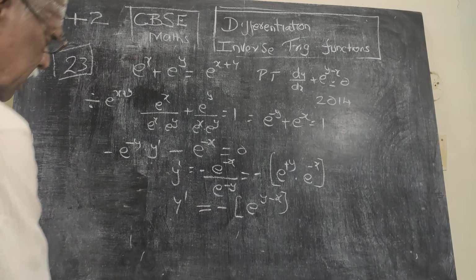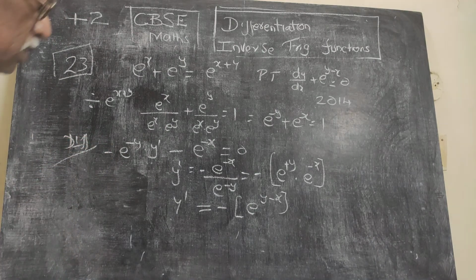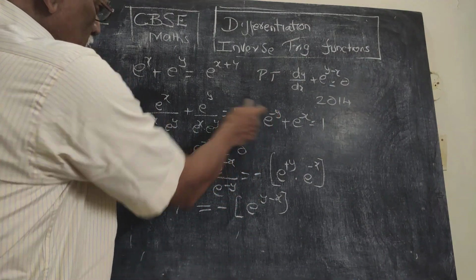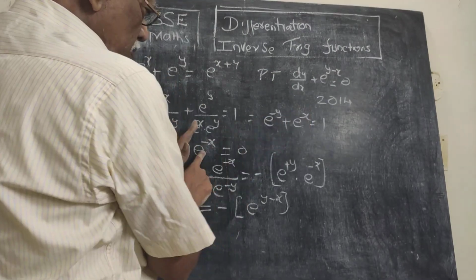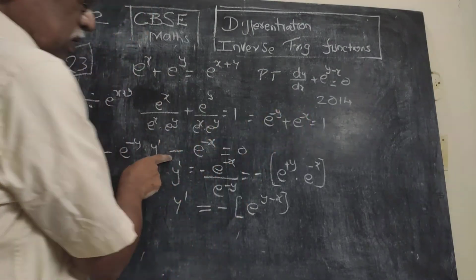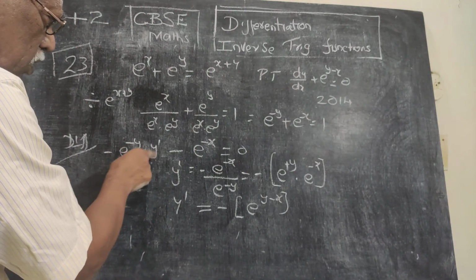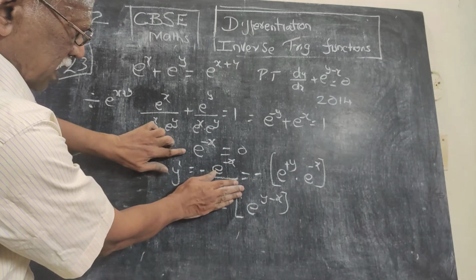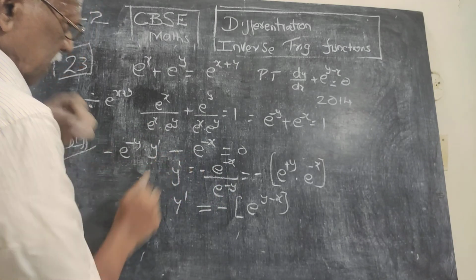Now differentiating that with respect to x, e power minus y is e power minus y, and this is minus y, so minus of dy by dx, and then plus e power minus x, this is minus, so minus, and 1 on differentiation is 0. So what happens now, this part you keep and this you take, so e power minus x will come, and this is minus of e power minus y, so I am putting minus here.